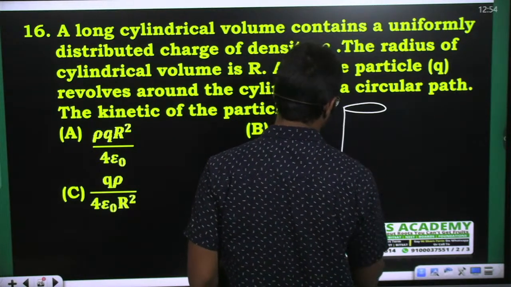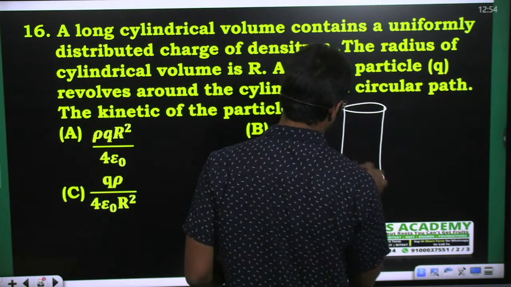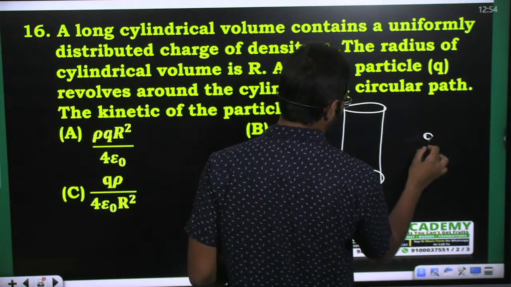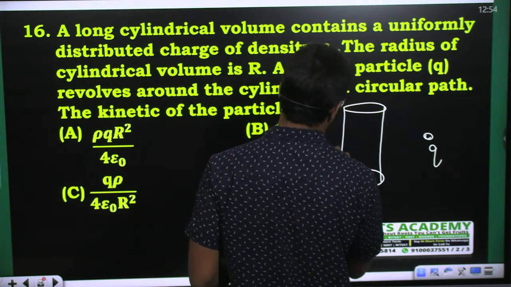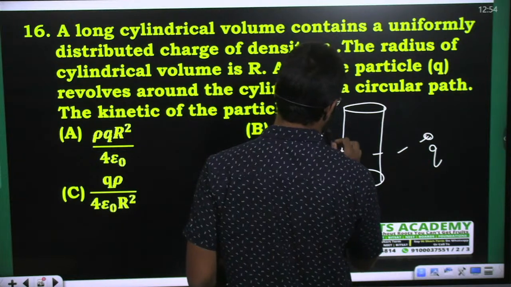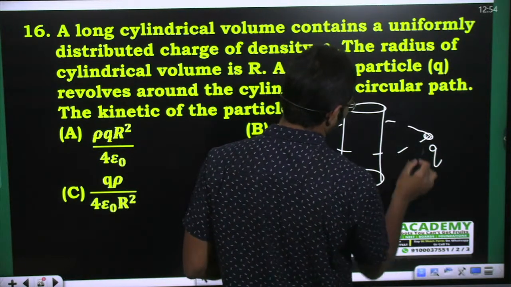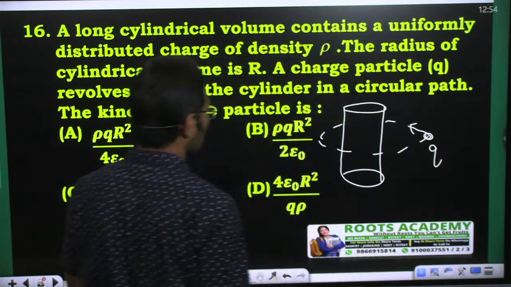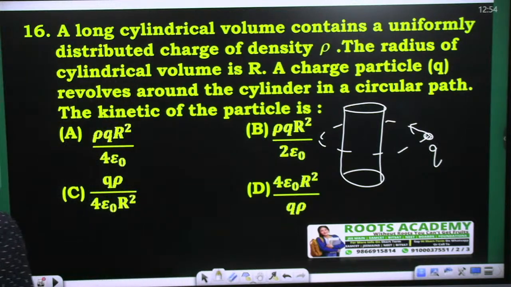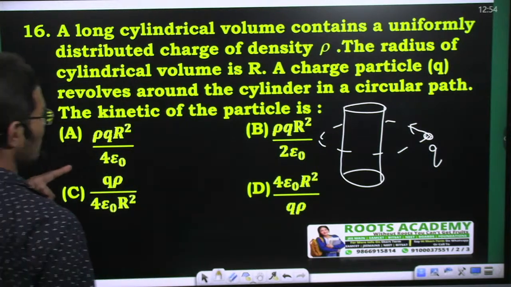See, a long cylinder volume contains a uniformly distributed charge of density rho.